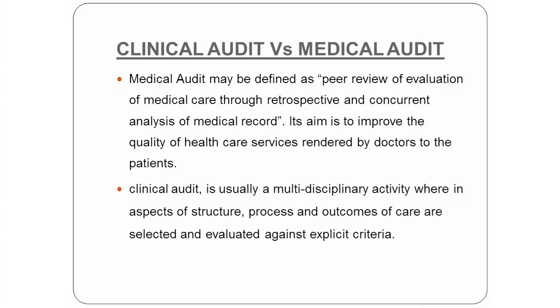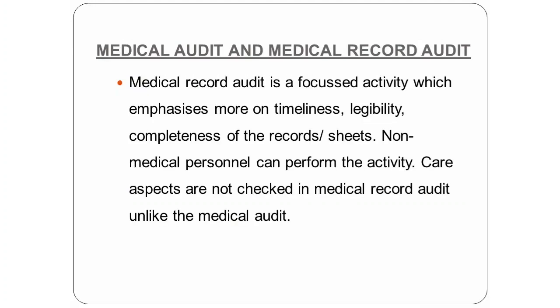We will discuss these aspects in the upcoming videos. And medical audit is basically a peer review evaluation of medical care through retrospective and concurrent analysis of medical records. In medical audit, the performance of the treating consultants and surgeons is audited in the medical record file, and its aim is to improve the quality of healthcare services rendered by the doctors to the patients.